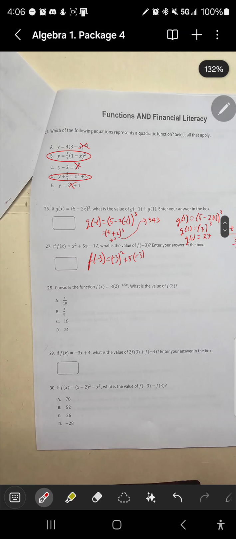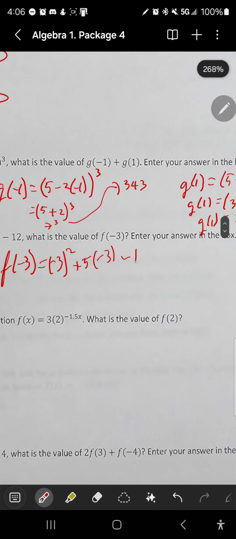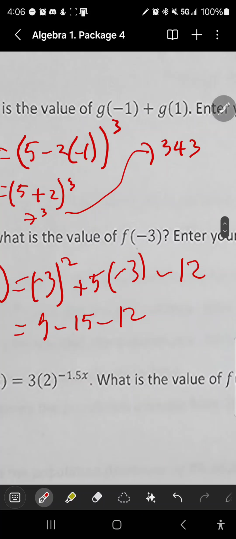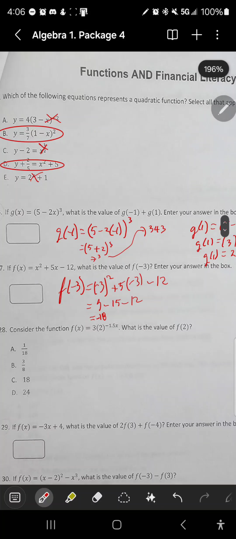So -3 squared is just 9. And 9 plus 5 times -3, which is -15, and then minus 12. So it will be -18. And that's our value.